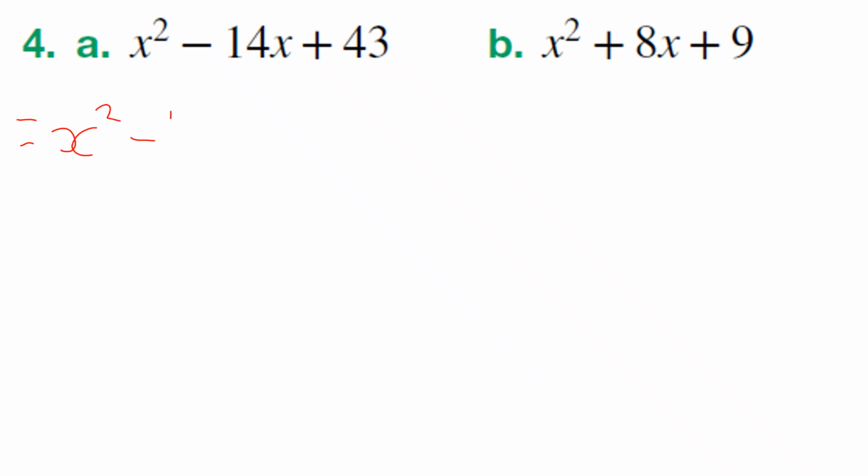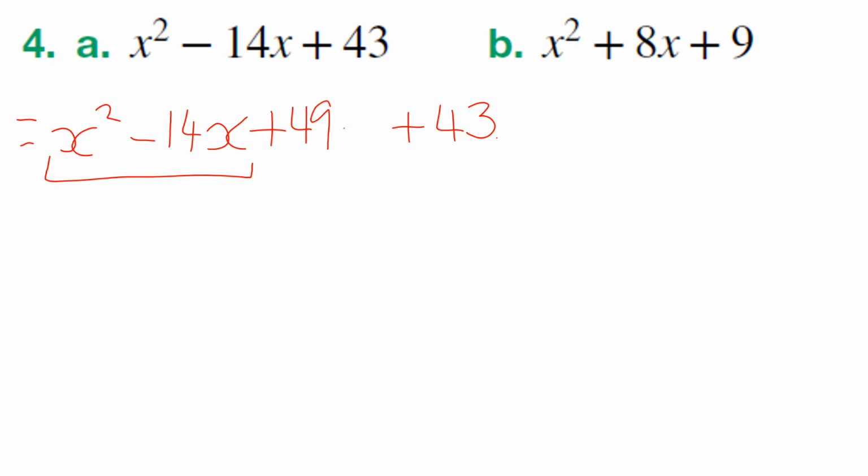We write it out underneath, but we move our constant out to the side. We work out what we need to add to complete this square. We minus 14 divided by 2 is 7. We square that, so that will be plus 49 minus 49.